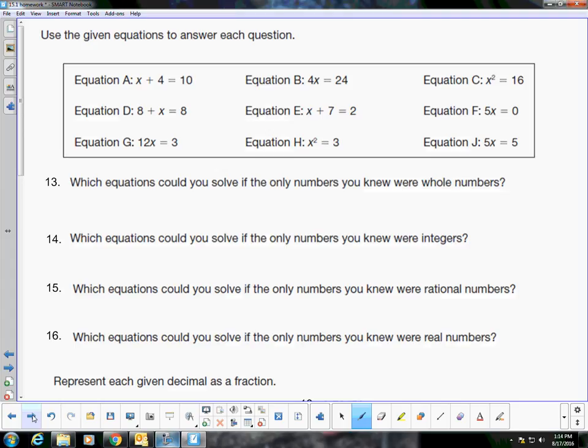We're going to use the given equations to answer each question. But in order to use these equations, I need to solve them. So next to each equation, I'm just going to put the answer for x and solve each equation.